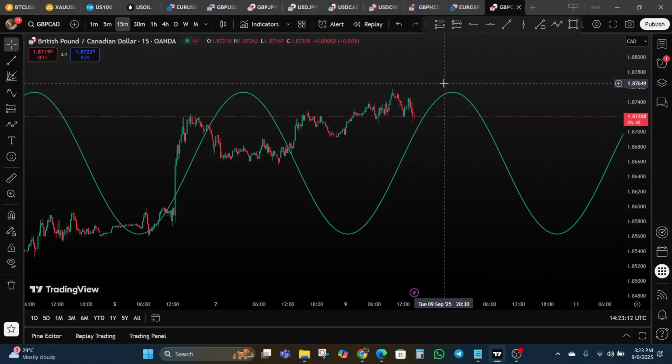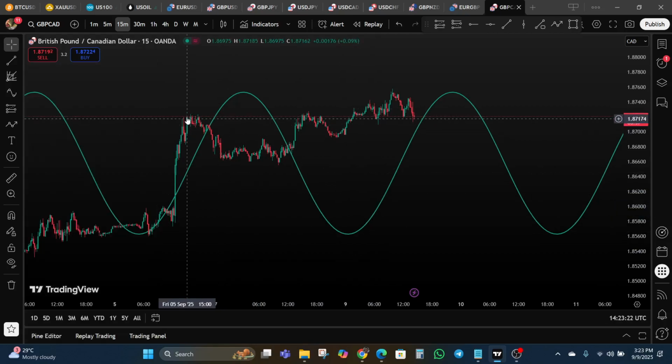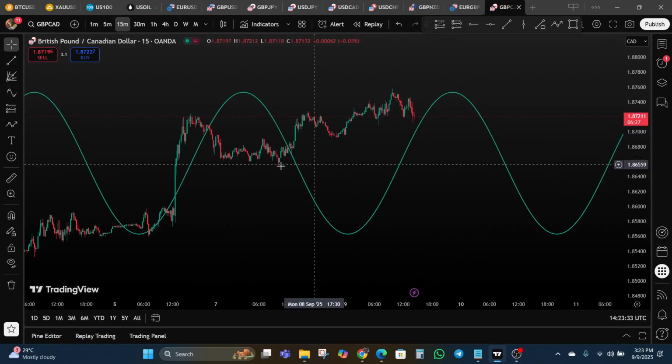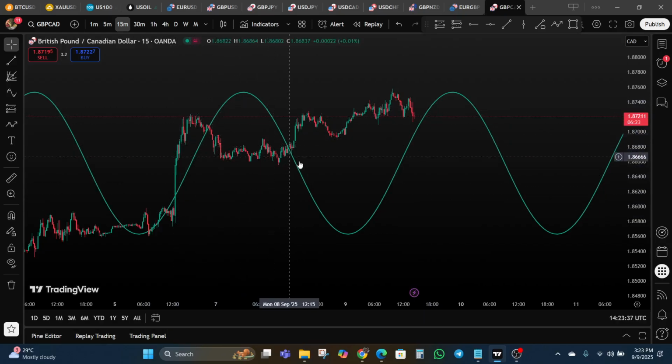So on TradingView, you can easily add your cyclic lines, your time cycles, and sine lines to your chart. You have to start by identifying a significant swing high or low. Then plot the cycle or sine line across the time frame. You observe how the lines interact with price action.